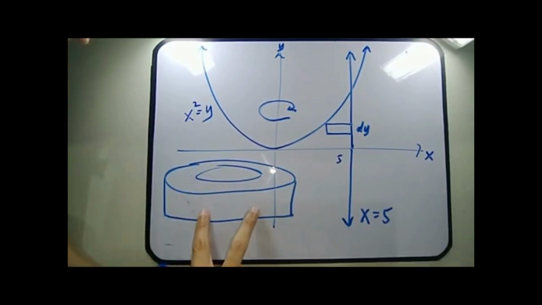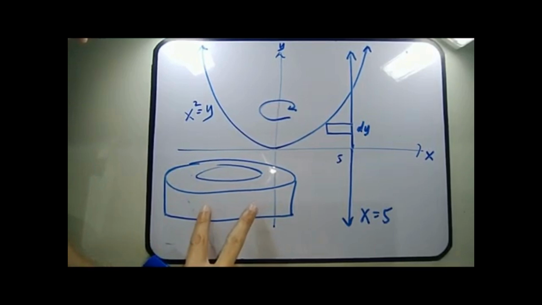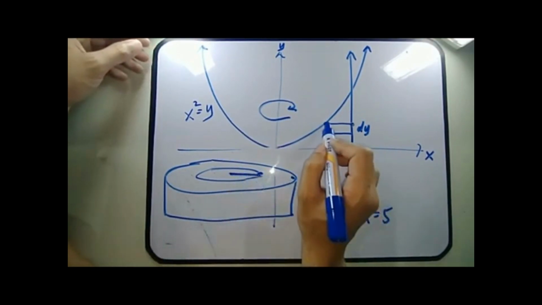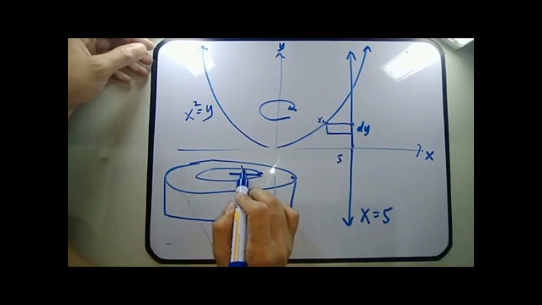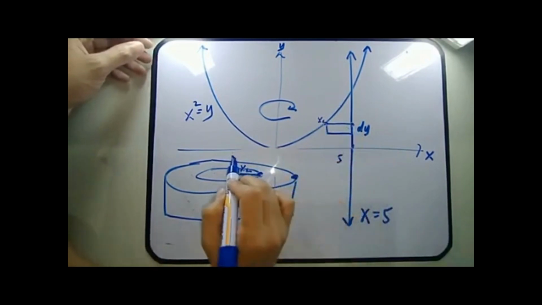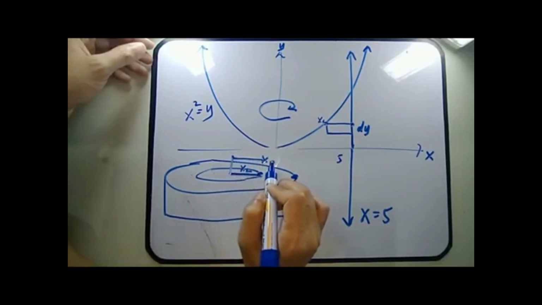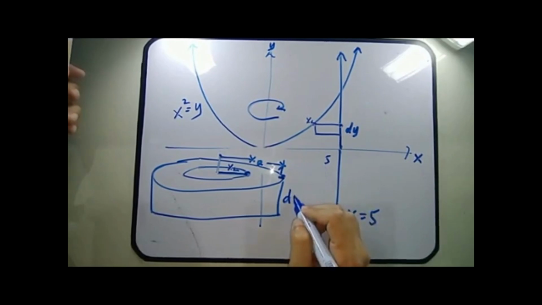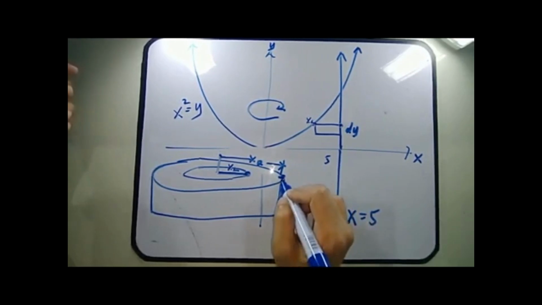Dito na magbabase yung kung ano yung formulang gagamitin natin. So, itong point na to, so this point is actually your x left. So, this is x left distance. Then, this point will be your x right. So, ito yung na-form natin na figure guys. Yung height natin here will be differential of y. So, in-exaggerate ko lang yung figure.